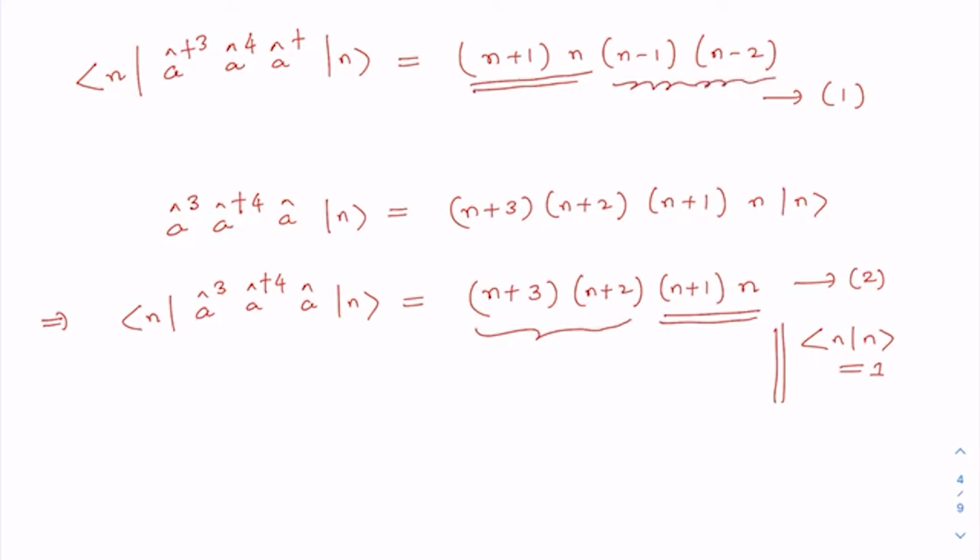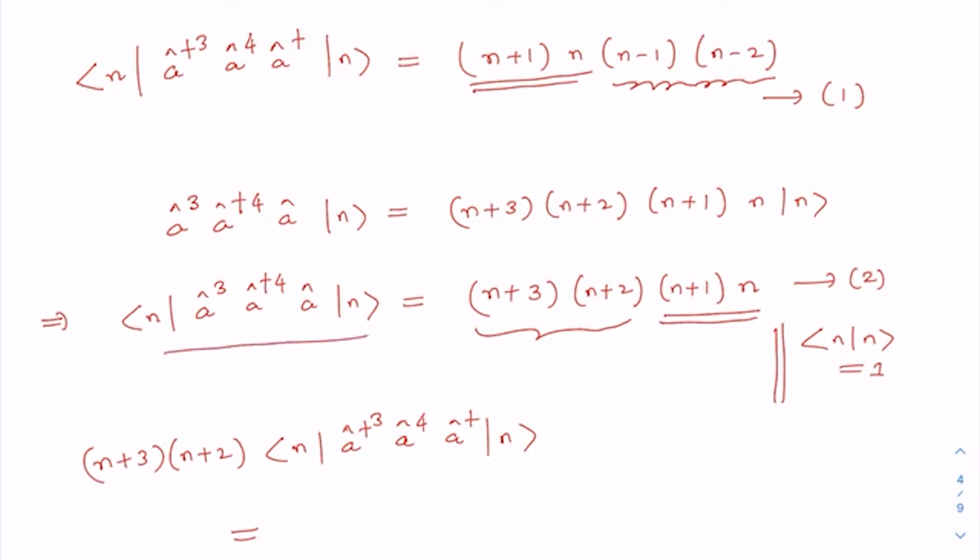If I do that, I will get (n plus 3)(n plus 2) <n| a dagger cubed a to the power 4 a dagger |n> equal to (n minus 1)(n minus 2) <n| a cubed a dagger to the power 4 a |n>.